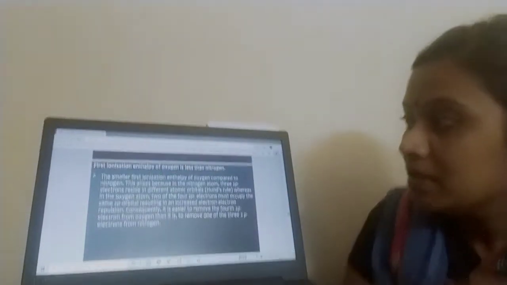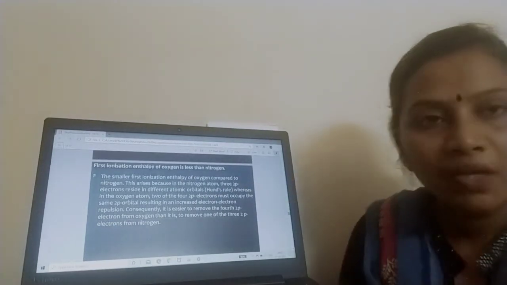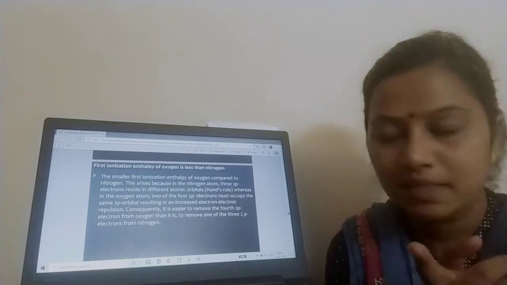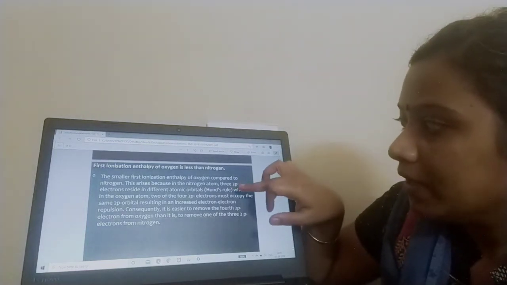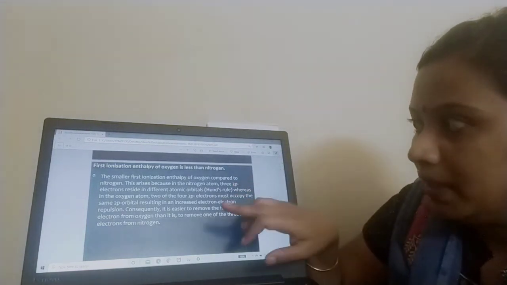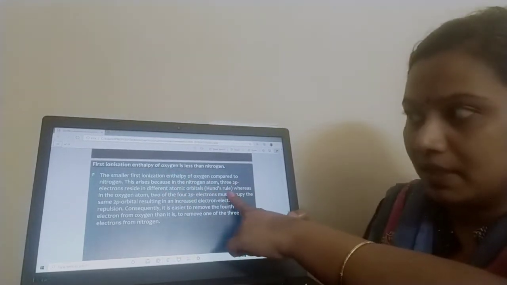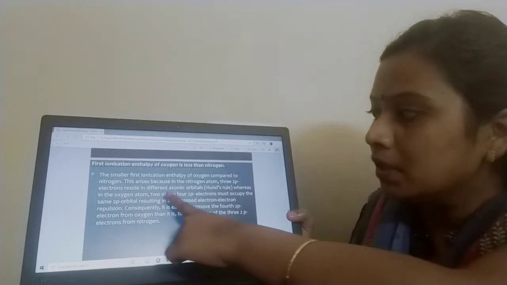Why? Because when you look at the nitrogen atom, we have 2p with 3 orbitals: px, py, pz. So the 3 electrons of the 2p orbital will be placed in different atomic orbitals. But in oxygen, what happens?